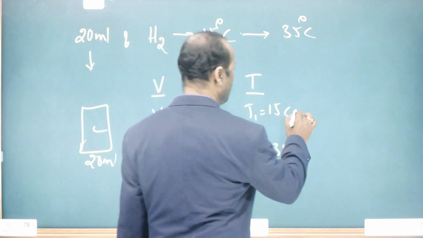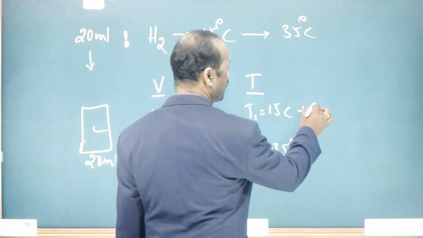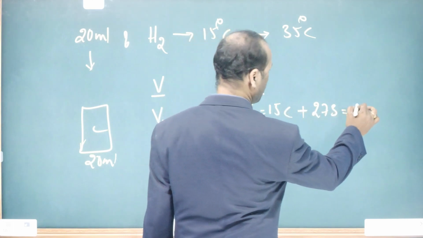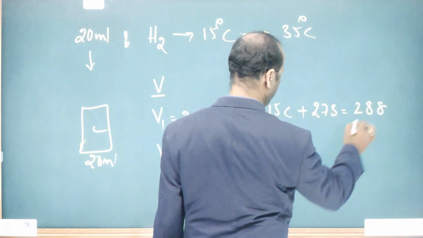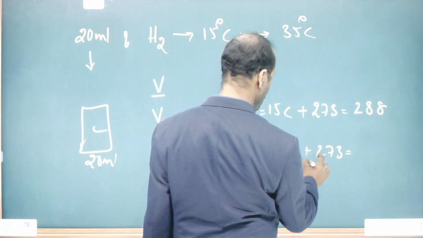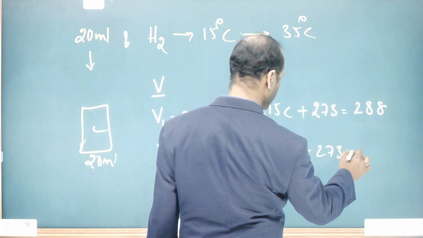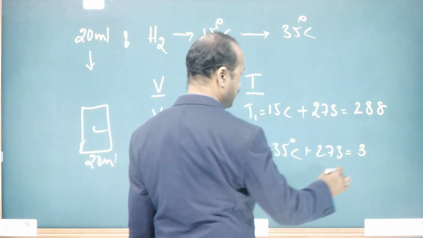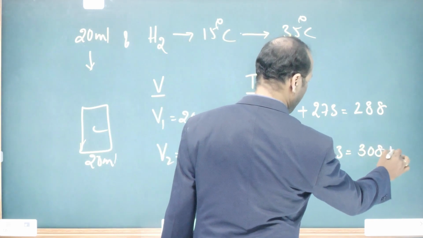So you need to convert this Celsius into Kelvin. To convert Celsius into Kelvin, you have to add 273. So 15 plus 273 is 288, and 35 plus 273 is equal to 308. Okay, 308 Kelvin.